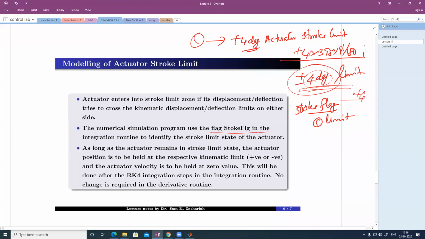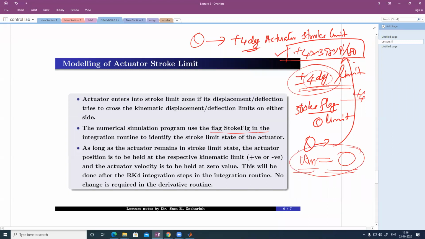This value is attained, that is theta, and you have to hold theta at this value if it crosses. Then the second thing is omega m, make it 0. That velocity you have to make 0.